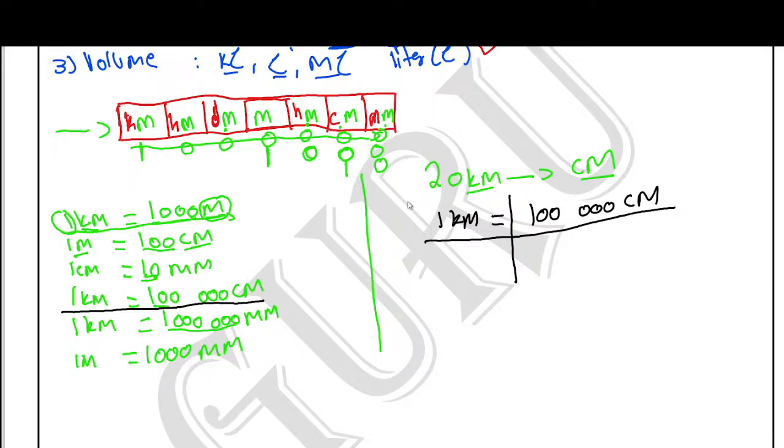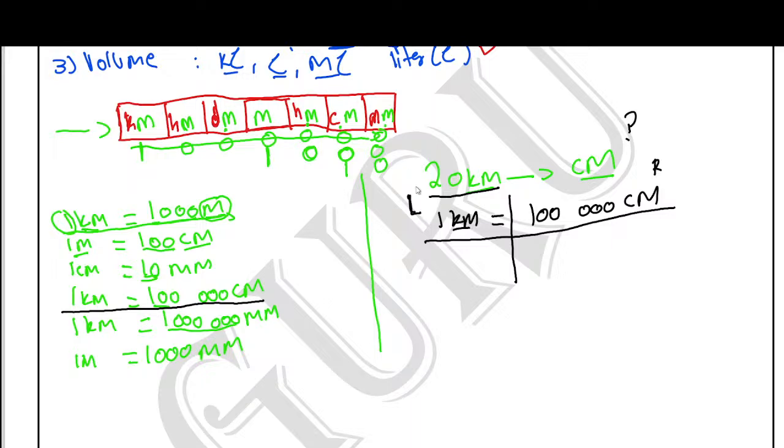Now, when you look at your left, you have kilometers, and on your right you have centimeters. Which number are you given and which unit are you looking for? According to this, we are given the kilometers, meaning that we are given the left. And what do we want? We want the right. That means our right is unknown.